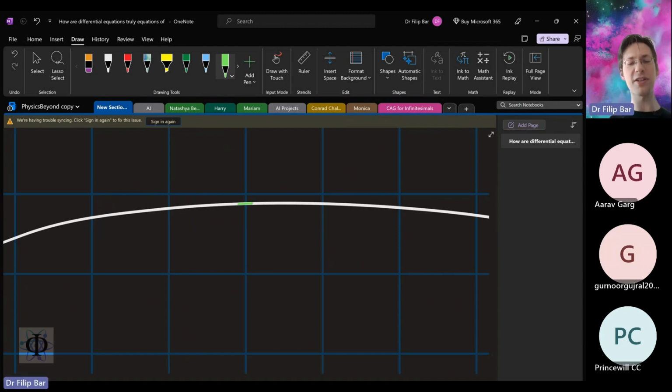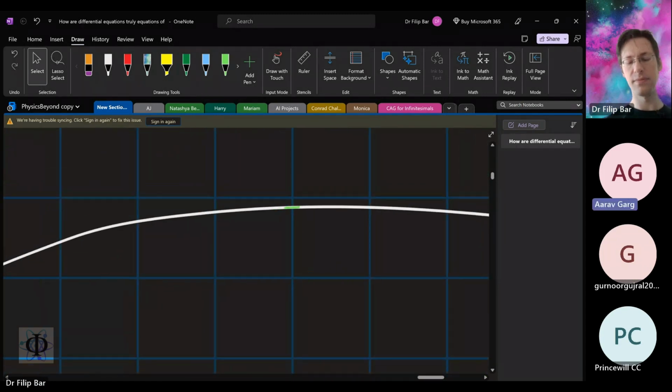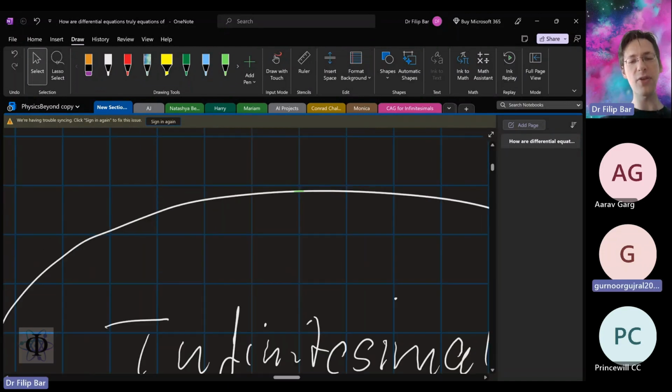In what sense could I justify that this green shape that I've just drawn is simpler than the white shape? The green shape looks like a straight line. It's a straight line. Straight lines, we're cool with. Straight lines are easy. We can do things with straight lines. Curvy things, more complicated.